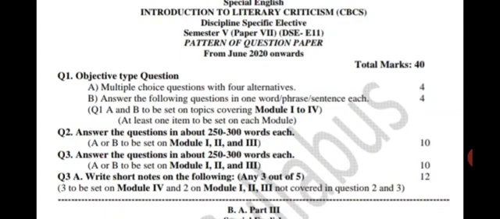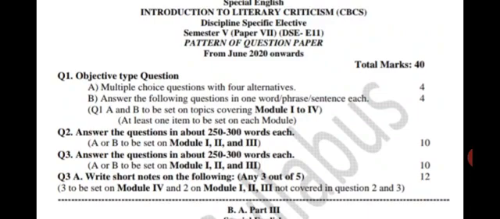Answer the questions in about the same kind of words again. Question third is again for 10 marks, and the last part, short notes: 3 to be set on module 4 and 2 on modules 1st, 2nd, 3rd. So this is for 12 marks, any 3 out of 5.